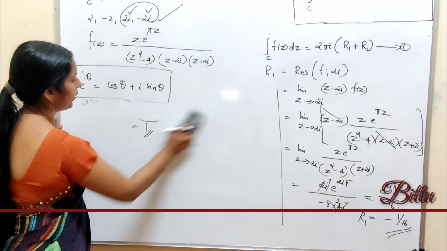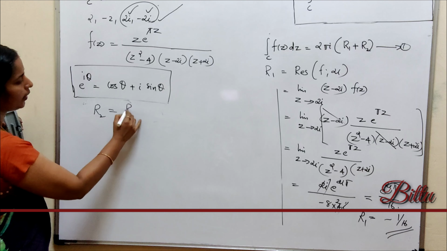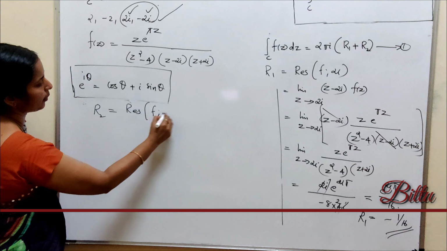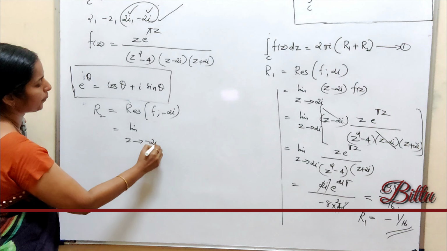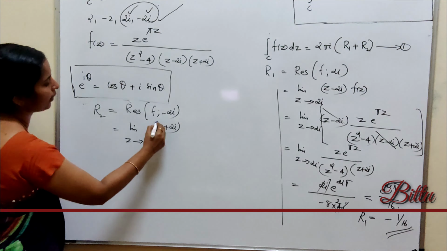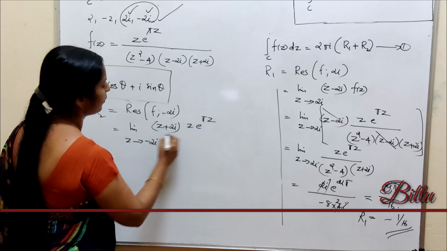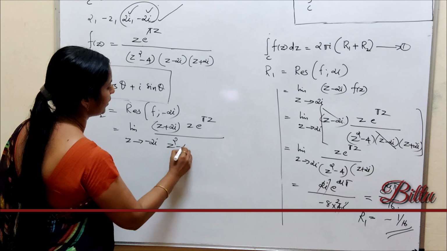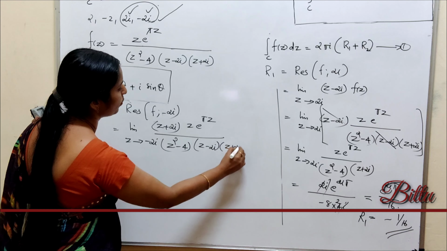Similarly, you have to find R2. R2 is the residue of f at minus 2i. It is limit z tends to minus 2i, z plus 2i into f(z). f(z) is z e raised to pi z divided by z square minus 4 into z minus 2i into z plus 2i.